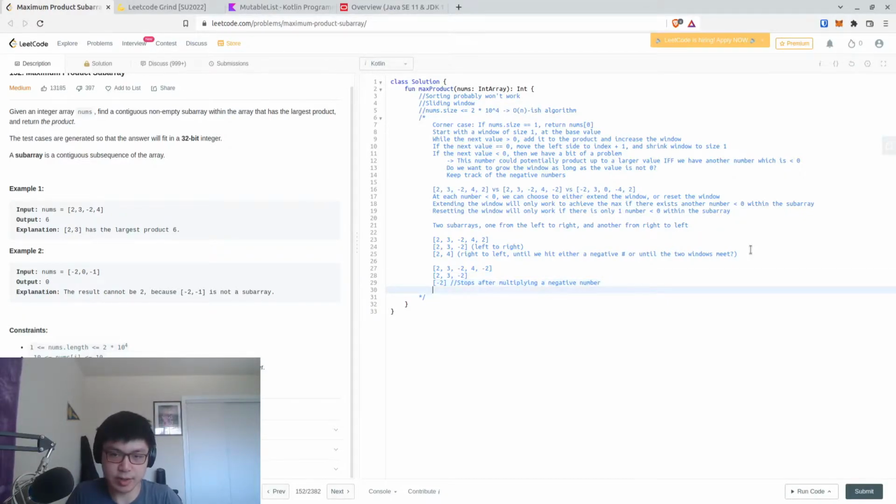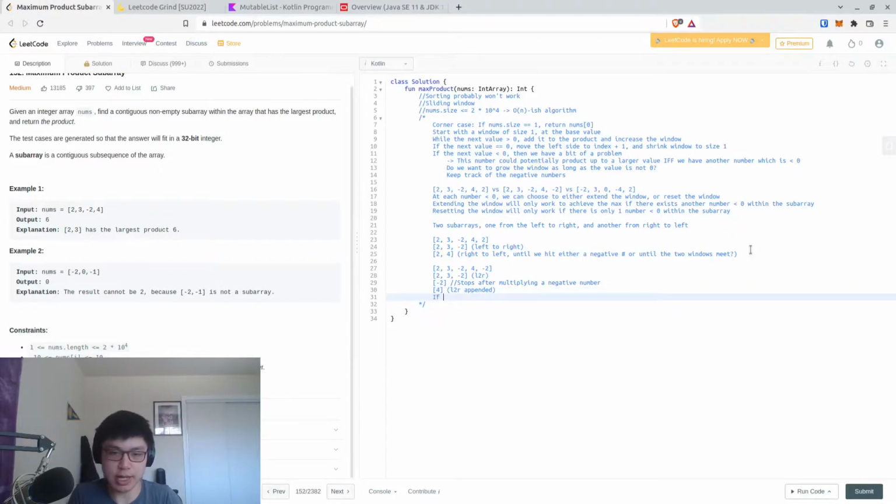And then this goes 4. So this is left to right. That's right to left. This is left to right appended. So we add 4 onto our list.